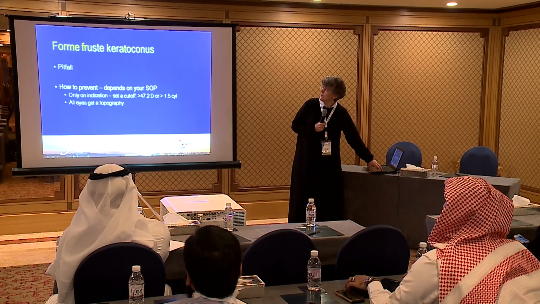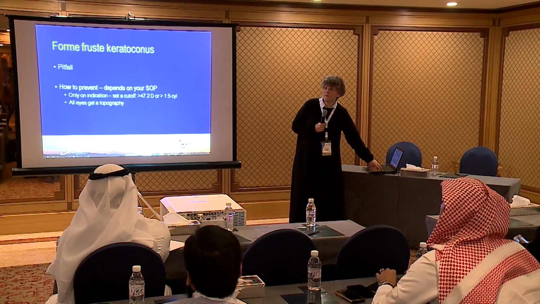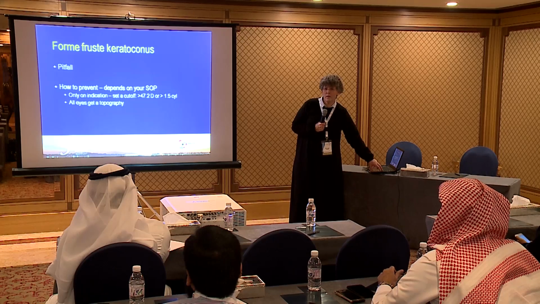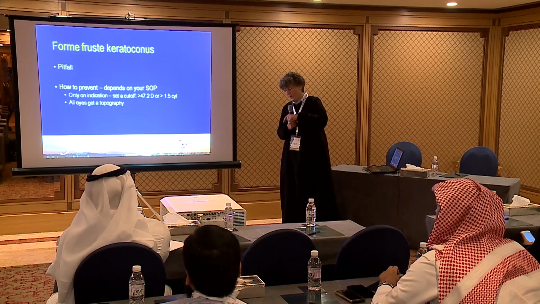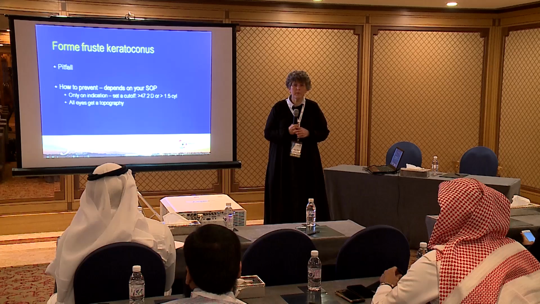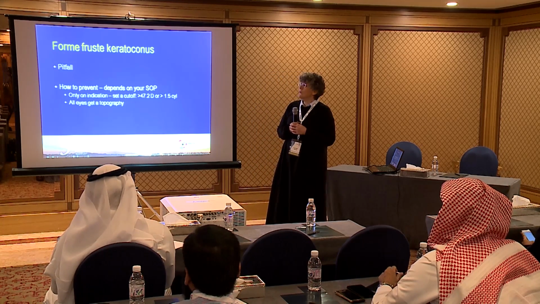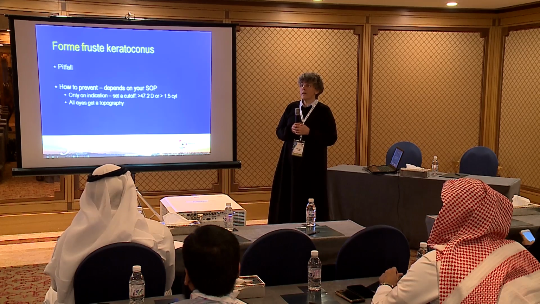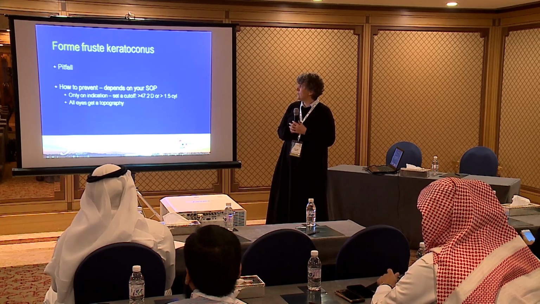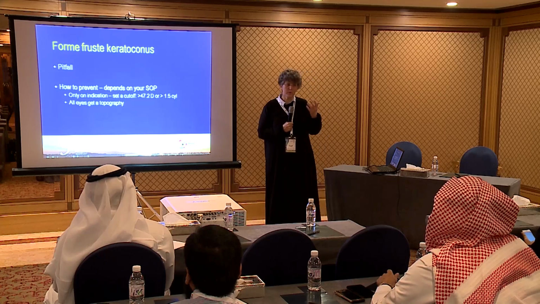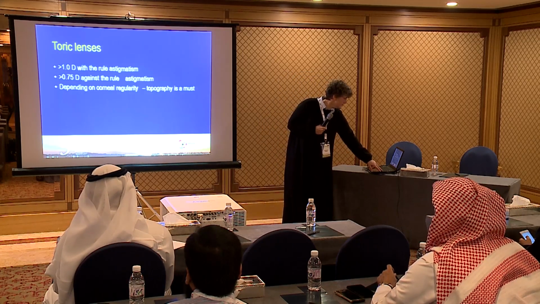Now, a form of frusta keratoconus is a pitfall. I showed you in the biometry with the patient where they missed it because they missed a K of the 48. You need to prevent it in your standard operating procedures, your SOP. Again, you have to decide in your clinic when you go for that, okay?